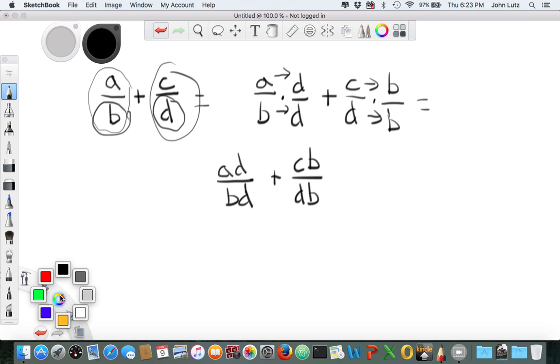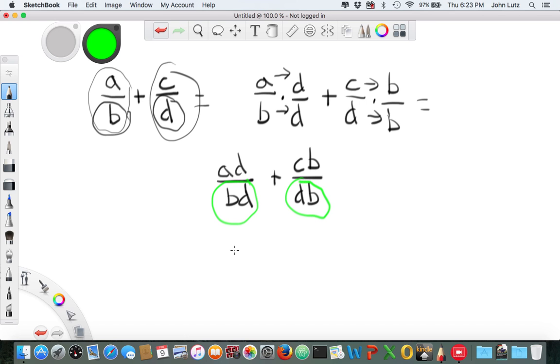And the thing to be focusing on here is right here, bd and db. There's this little thing in multiplication called the commutative property. And that basically says that if I take 5 and multiply it times 2, that's going to be the same as taking 2 and multiplying it by 5. So it doesn't matter what order you multiply it in.